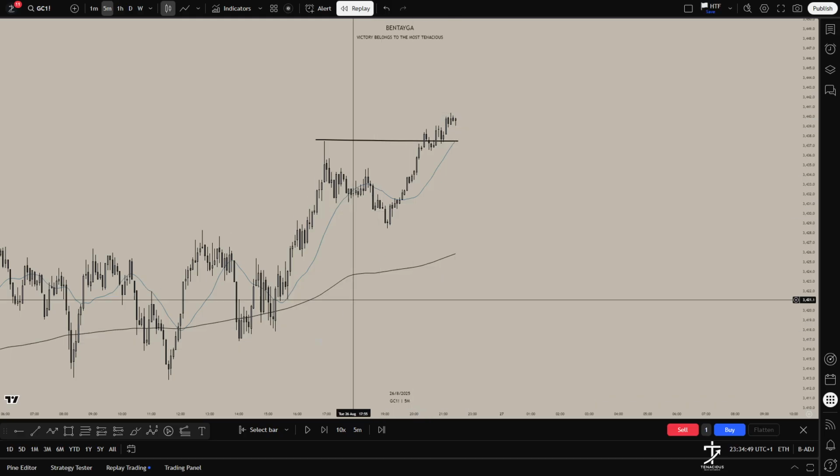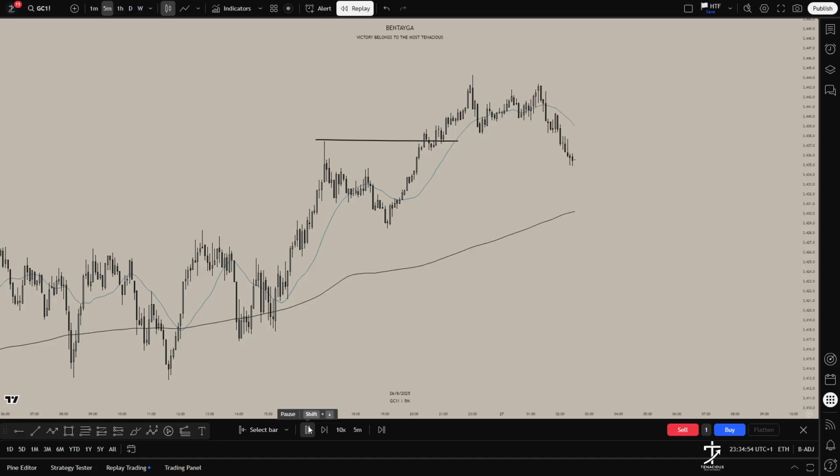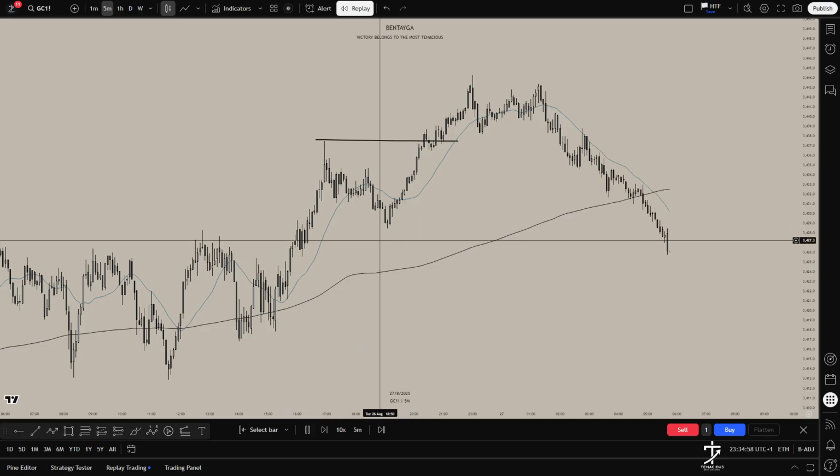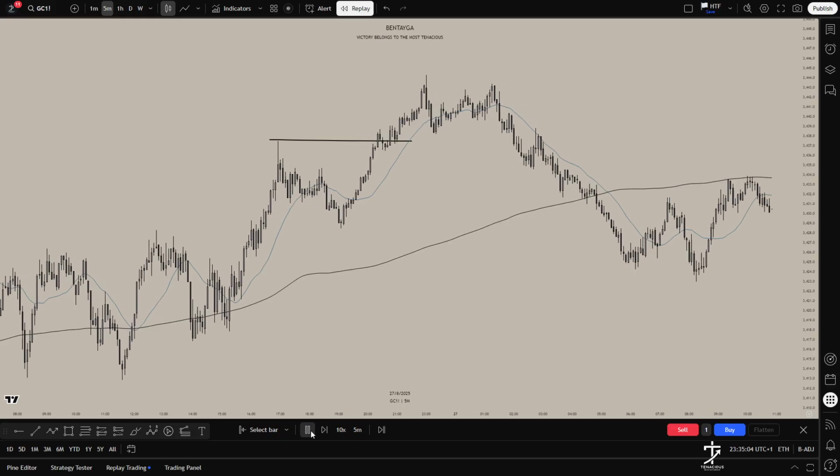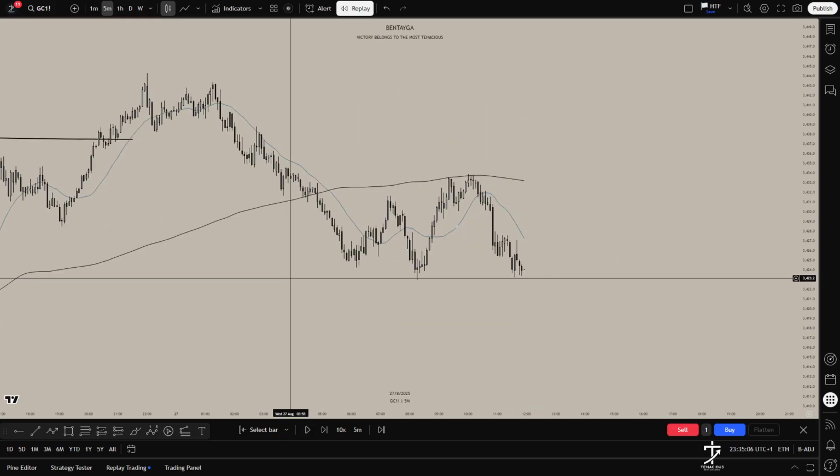What's the time now? Yeah, we've gone way past the trading time, but let's see what goes on. Tap back into the zone, probably liquidate these. Yeah, we liquidated this, and yeah, I'm just going to go to the next session.